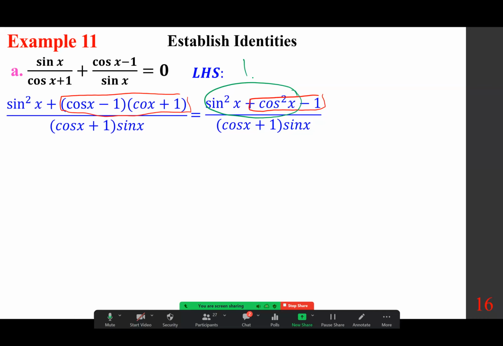So the numerator is 0. We're not touching the denominator. And 0 over any number is 0, except 0 over 0, which is indeterminate, a different story we discussed in calculus. So the answer is 0, which is the right-hand side, and it checks.